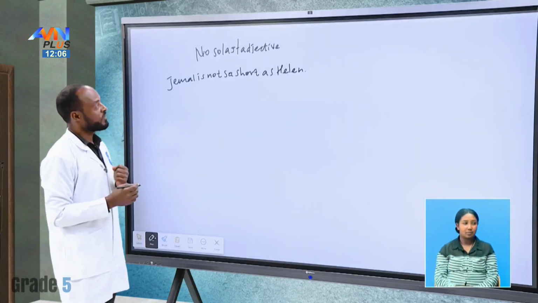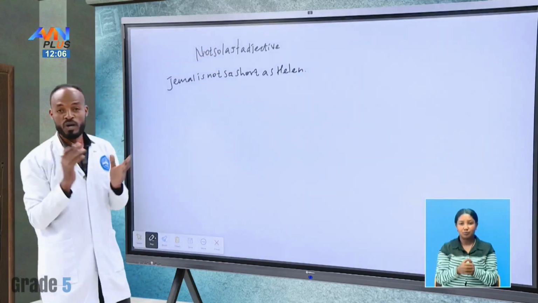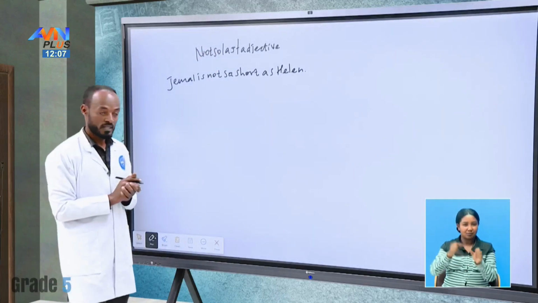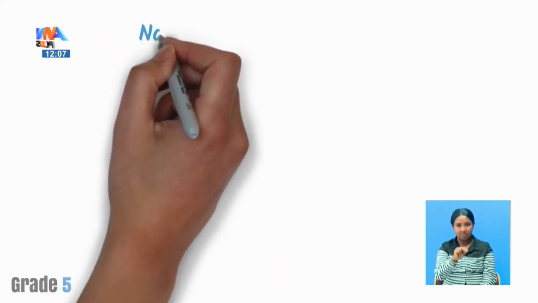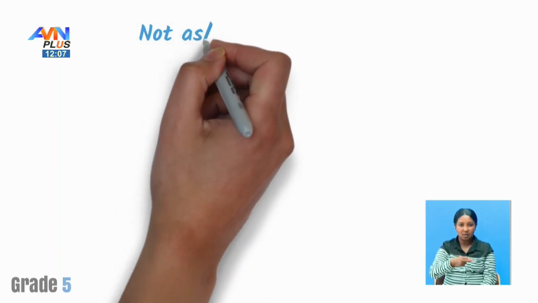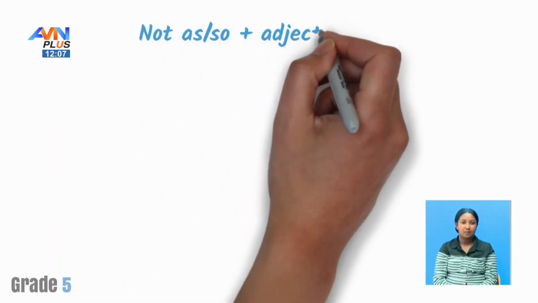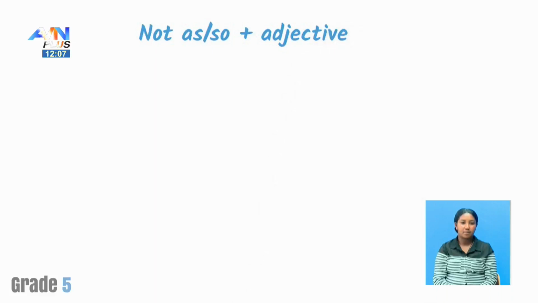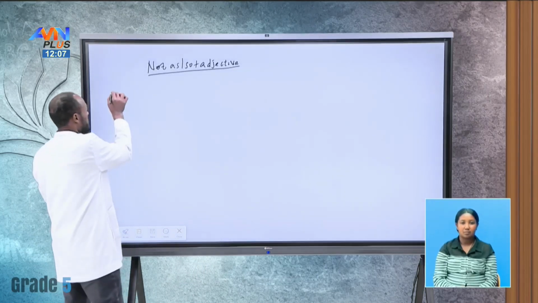So let me give you an activity which will be done within 1 minute. You're going to use not, as, or so, plus adjective. Here is question number 1.